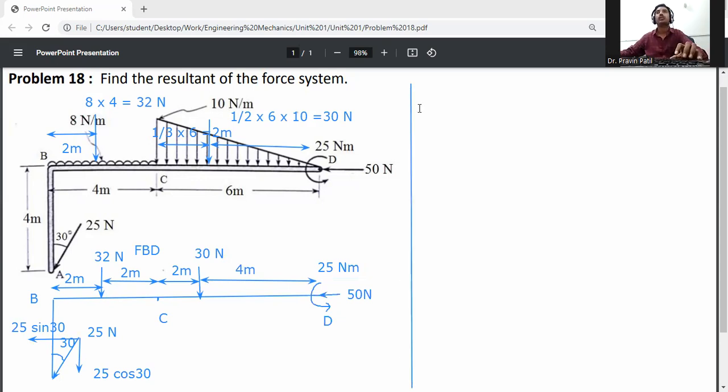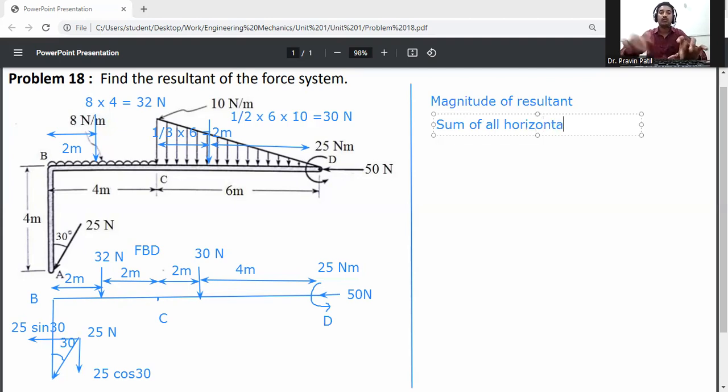Okay. So now calculate the magnitude of resultant. First of all, calculate the sum of all horizontal forces.